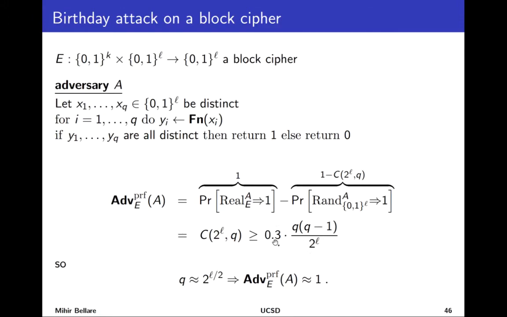Close to 1, 30% for example, is close enough to 1. If someone breaks your system or scheme with 30% probability or even 10%, it's an attack, right? So that's enough to be worried. So again, q has to be about the square root of this, which is 2 to the power L over 2. And so that's our conclusion.